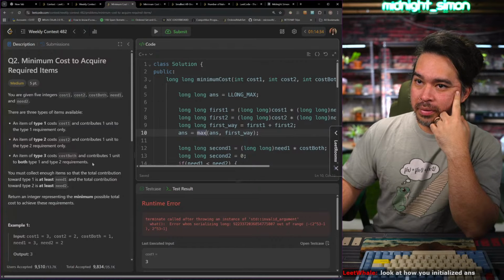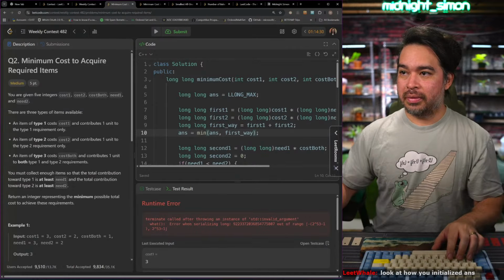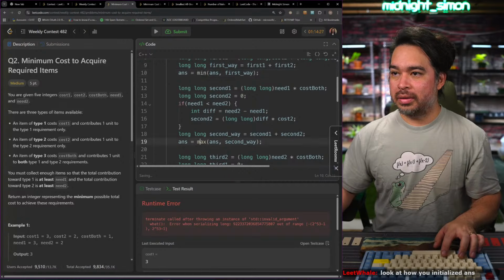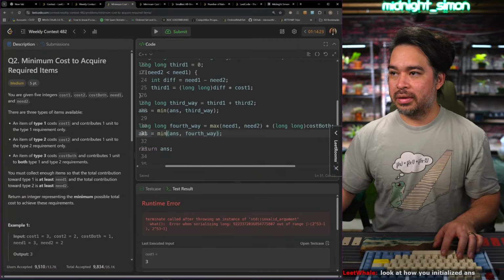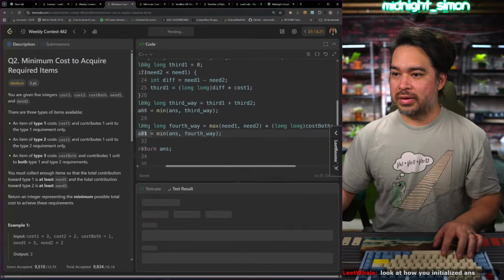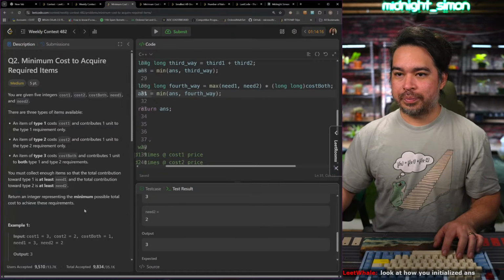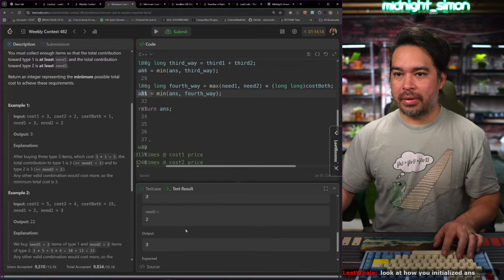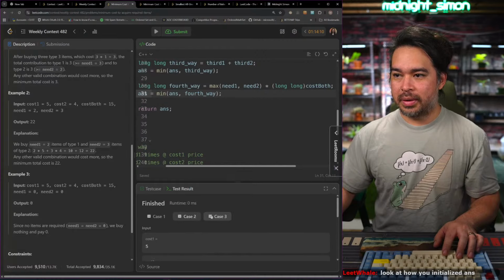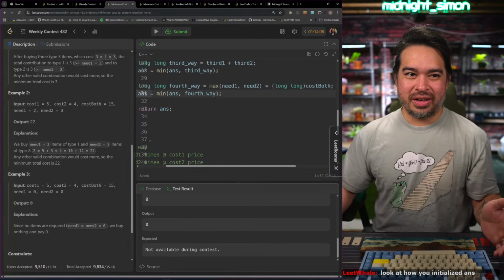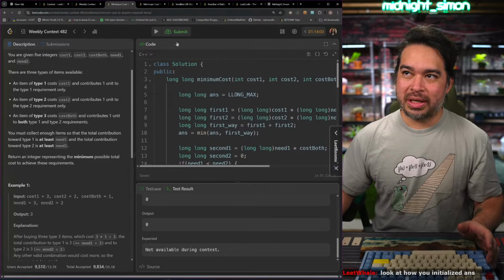Oh, wait. It's supposed to be min, but still. I think there's still a bug, man. What the hell? 3, 22, 0. Should I try? I'm not overly confident that this will pass, but I'm gonna submit anyways.